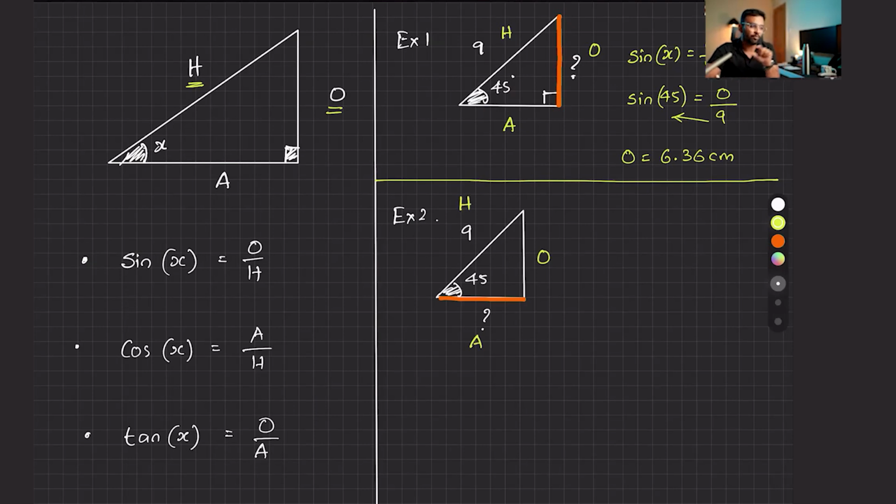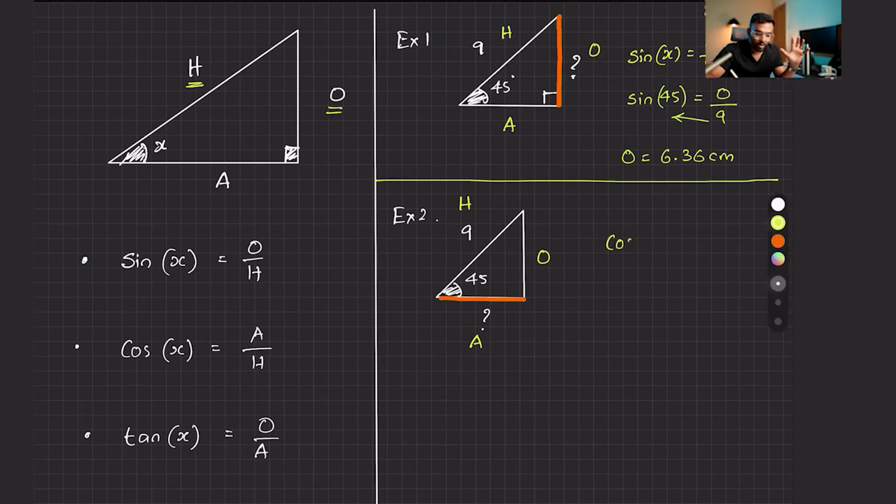Now, can you guys tell me which two letters are involved? H and A. Exactly. And from these three ratios, which one has H and A? The cos. You see? So that's how the formula will change. Are you guys with me on that?